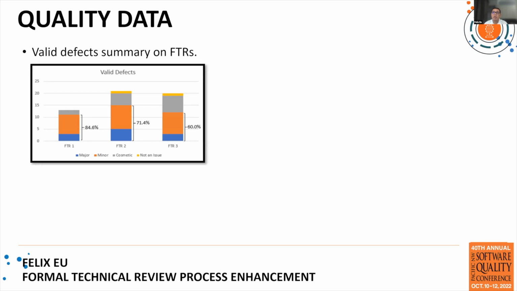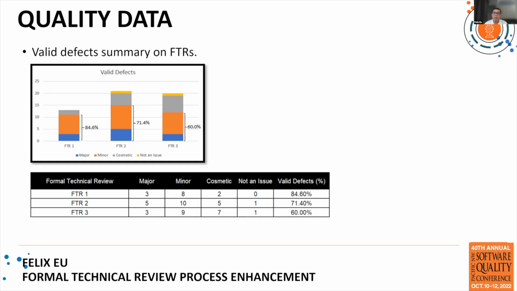The chart shows a total of the 3 FDR meetings conducted for the 3 reviewed features: FDR1, FDR2, and FDR3. Based on the actual data captured from the FDR reviews from the different projects, we can confidently set a disclaimer that without an FDR review being conducted, at least 60% of the valid defects might escape without awareness and be released to the market.